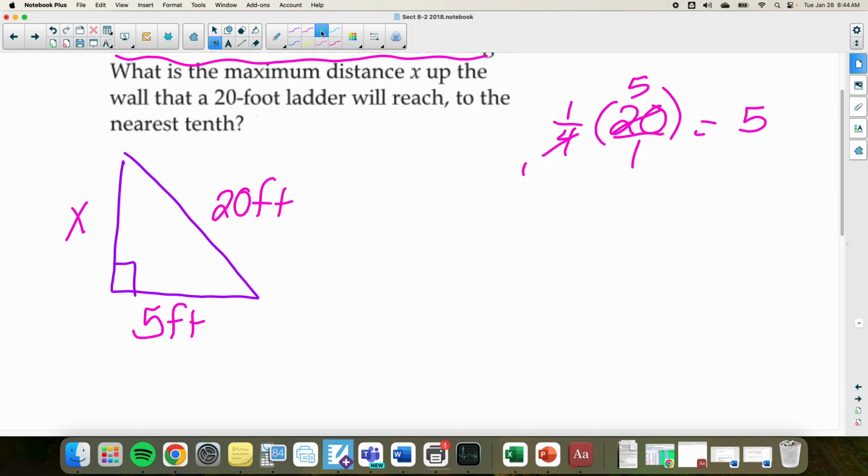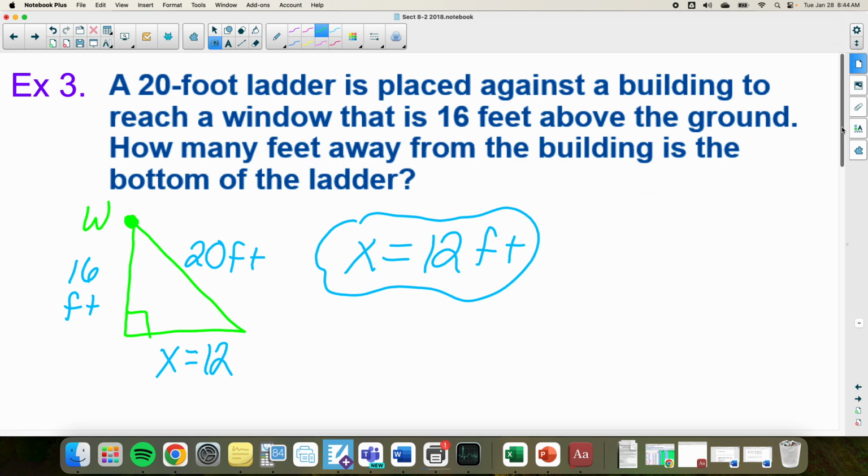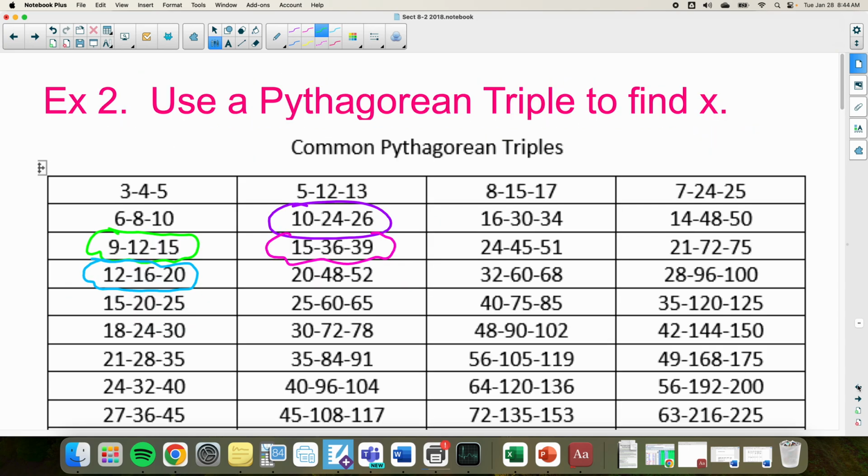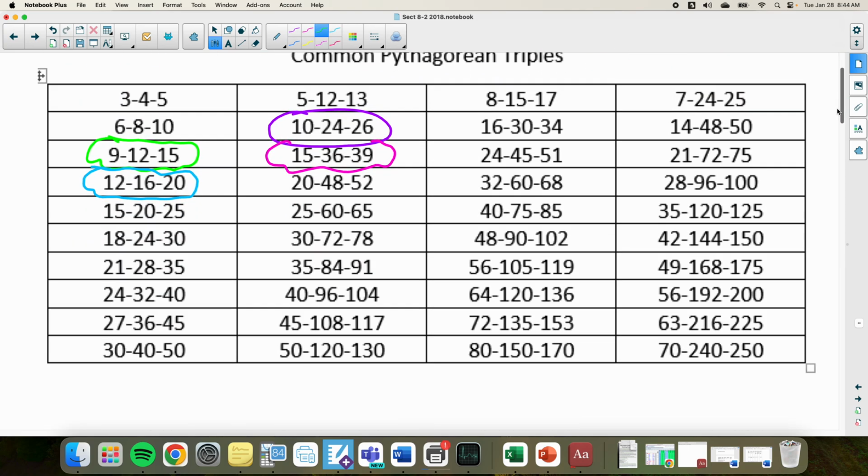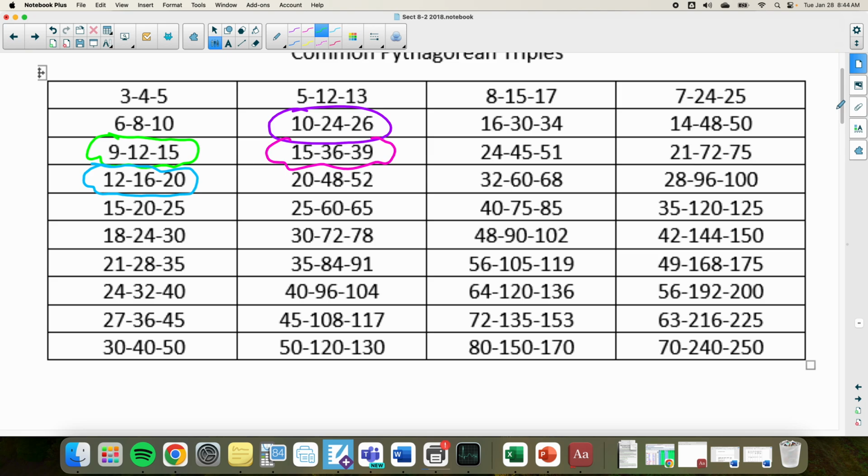Now, the biggest side is 20, and one of my sides is 5. So if I look, I do have a biggest side that's 20, but I don't have a side that's 5 here. So what that tells me is I have to do a squared plus b squared equals c squared.